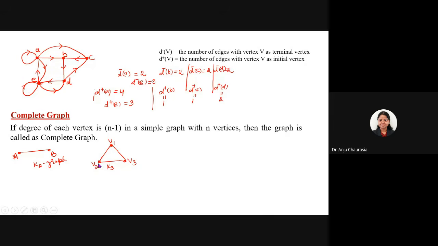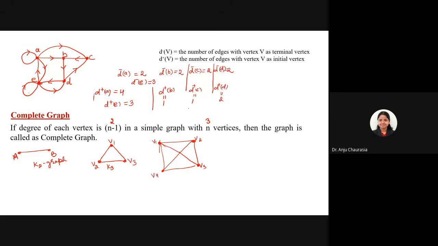How many edges pass through this node? Degree is 2, degree is 2. So you can see n was 3 and the degree of each vertex was 3 minus 1. So this is a complete graph with 3 vertices. The specific name is K3.